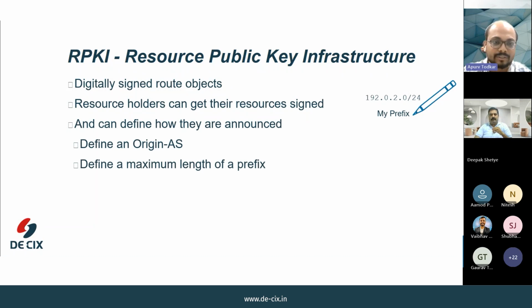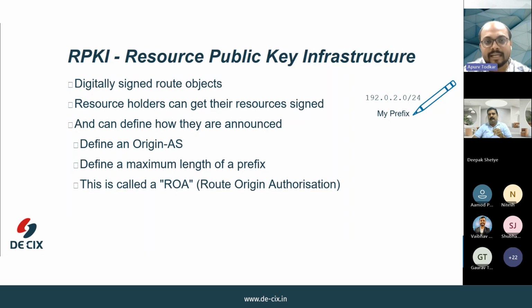of your routing infrastructure. RPKI is about digitally signed objects, specifically digitally signed route and resource objects. Let's first understand what routing resources are. Routing resources refer to the IP prefixes that you receive from your regional internet registries, that is your RIR.